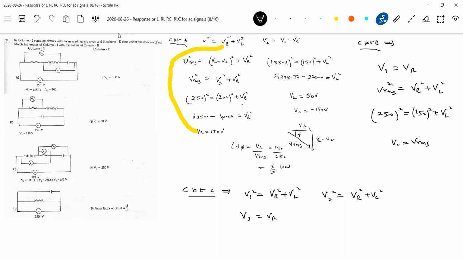So from here V3 equals VR, and knowing V1 and V3 we get VL. Knowing VR and V2, we get VC. For the power factor of the circuit, check cos phi equal to VR by VRMS. Is it okay? Circuit C.